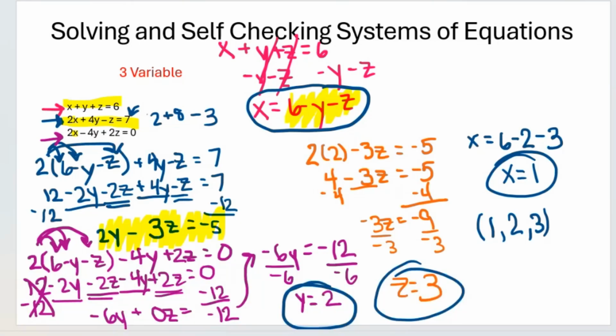And last but certainly not least, for the last one, 2 times x, 2 times 1 is 2, minus 4y, 4 times 2 is 8, plus 2 times z, 2 times 3 is 6. 2 minus 8 is negative 6 plus 6. Oh, look, that equals 0. So our answer here is 1, 2, and 3.